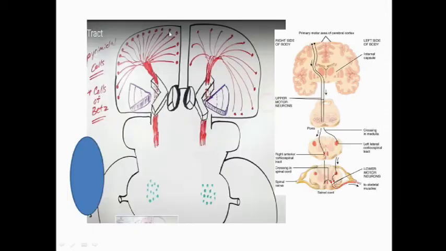So you can see, whatever we have seen in this motor area, now the arrangement of these fibers in this motor area, like we have seen in the homunculus, we have to see the cut section.